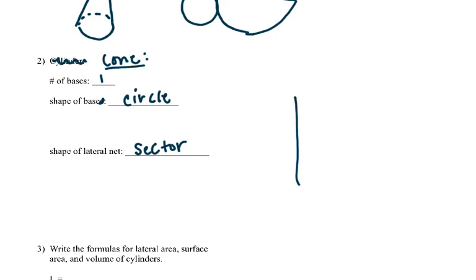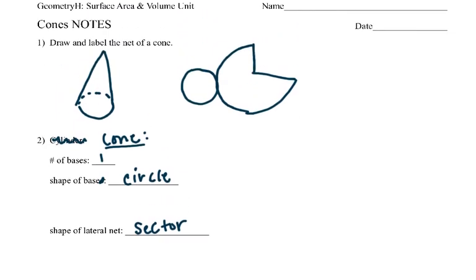Okay, so we're going to use that to come up with the formulas for lateral area, surface area, and volume. So for starters, we have our base, and the base is going to have a radius. So the area of this base is just pi r squared. All right, so that's easy.